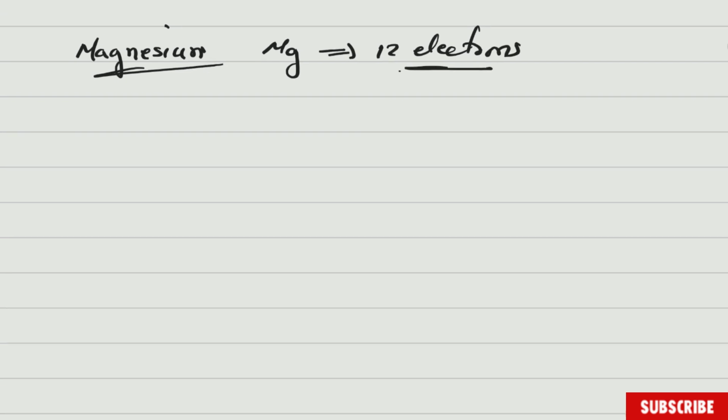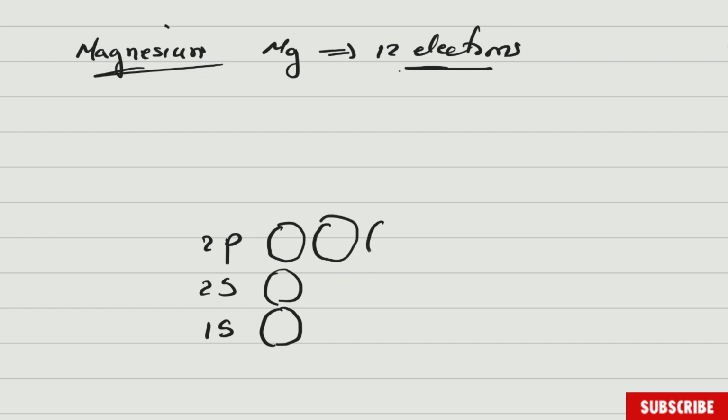Alright, so how do we represent it here? We come to energy level 1 orbital s, that is one circle. We have energy level 2 orbital s, that is another circle. For energy level 2 orbitals p, we have 3 circles because there are 3 orbitals there.